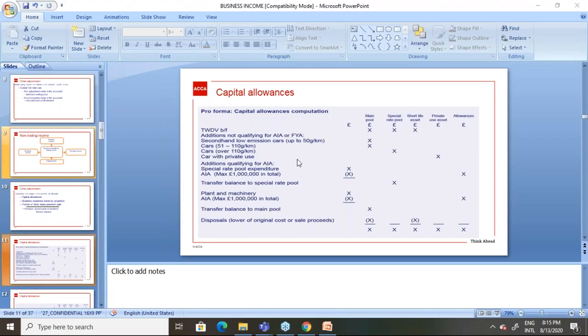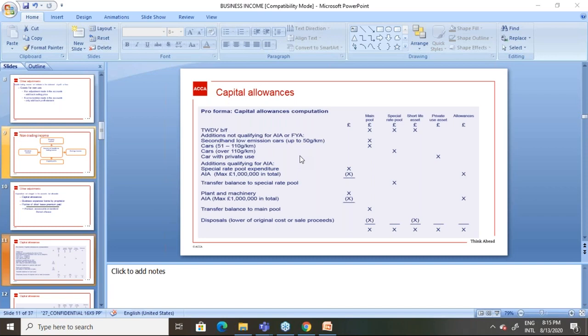So it's a big amount. So if you have invested in plant and machinery worth 1 million during a particular tax year, then the full amount 1 million you can claim at once as allowable expenditure or as capital allowances.